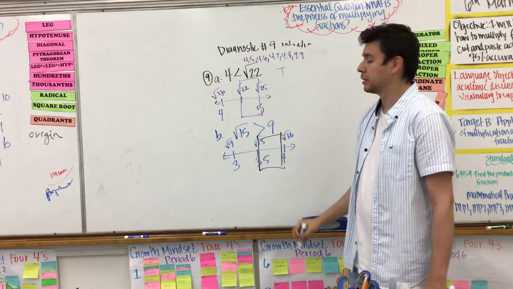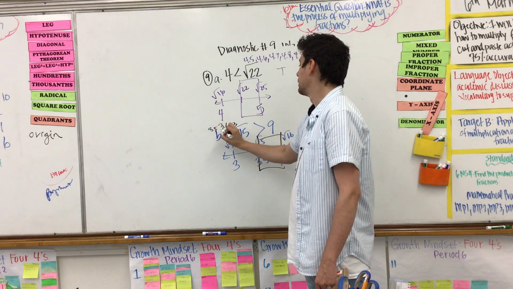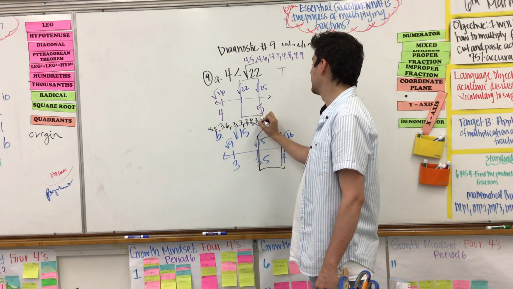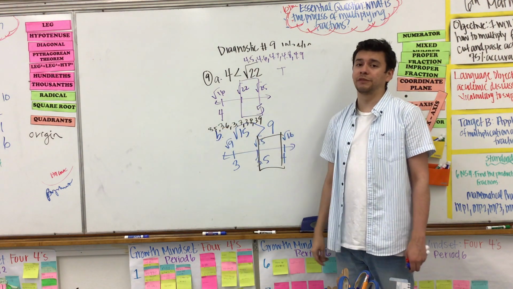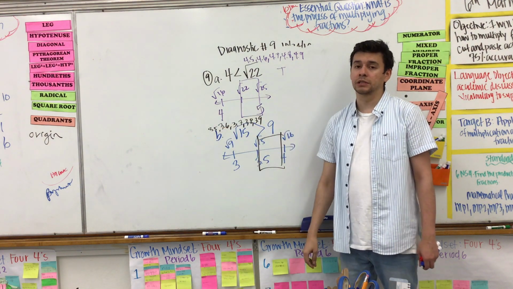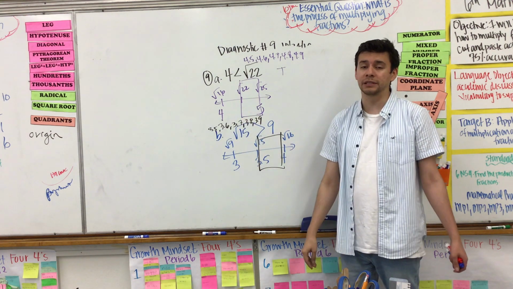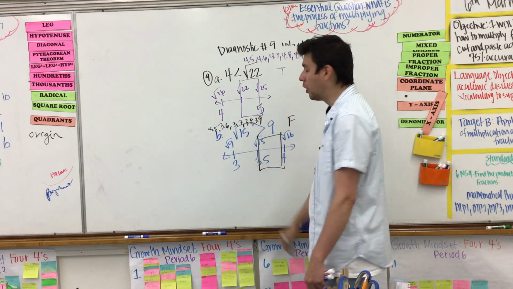So you could pick 3.5, 3.6, 3.7, 3.8, 3.9. Is 3.50 bigger than 9? No. Is 3.60 bigger than 9? No. This one is false.